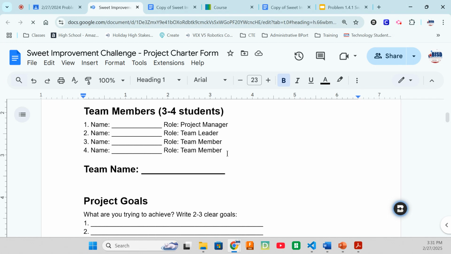Now, notice in 2 of these spots, there are actual titles for participation. You have a project manager, you have a team leader, and the other 2 areas are team members, okay? So as a group, you guys are going to have to vote or determine who your project manager is going to be.